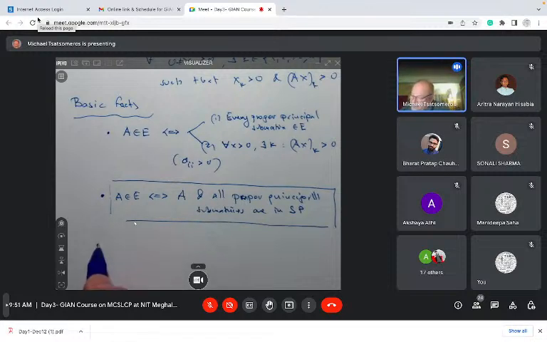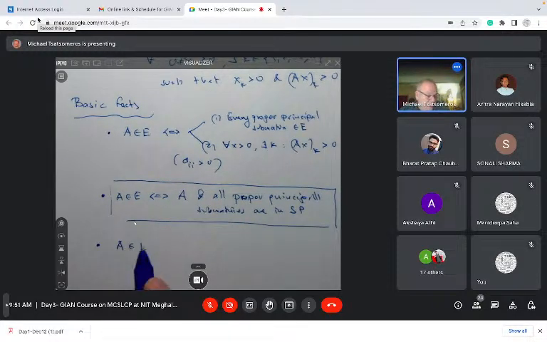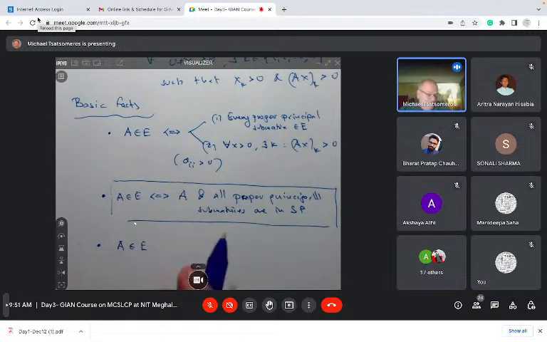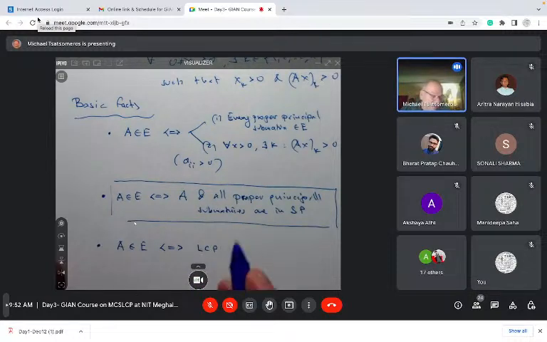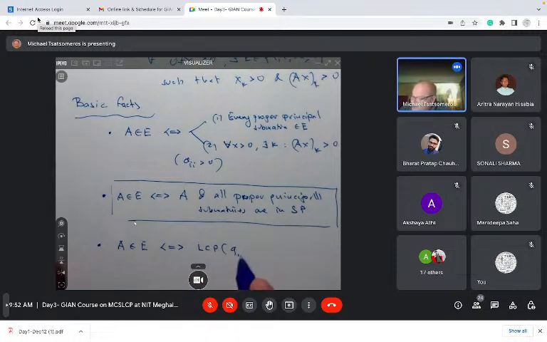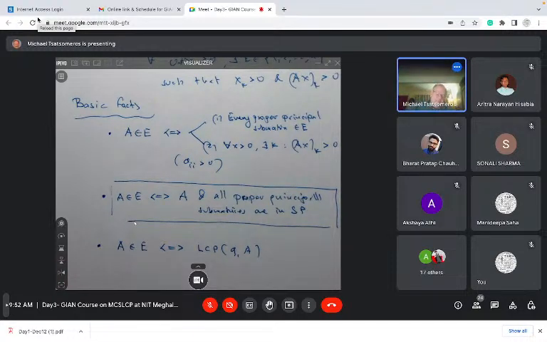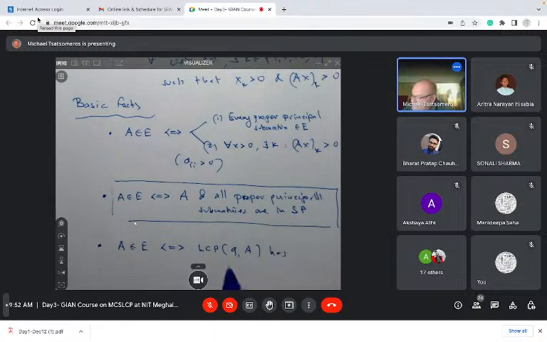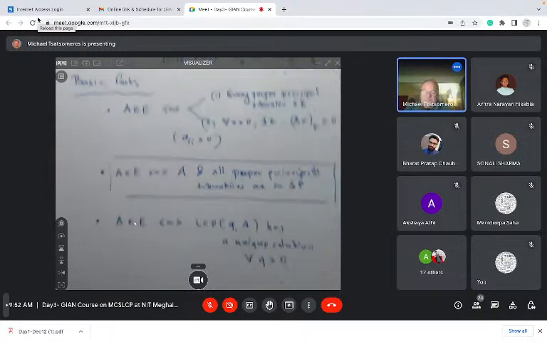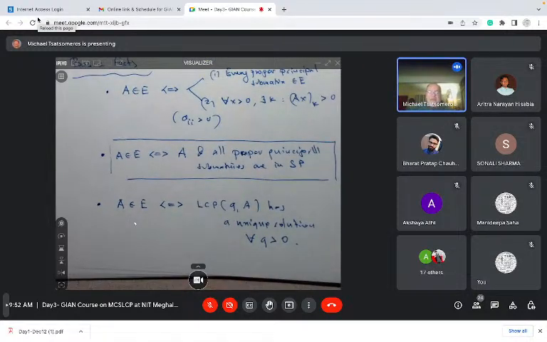And another fact that connects it with our main object. A is strictly semi-monotone if and only if the linear complementarity problem, and that's the association with our main object here, has a unique solution for all positive Q. I didn't mention it for P matrix because we had mentioned it before.